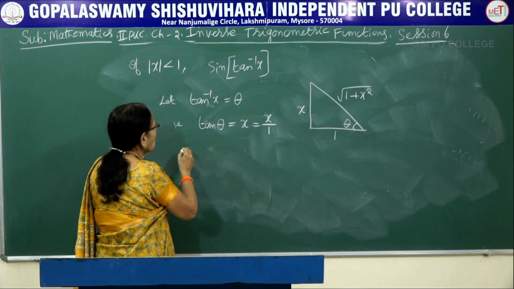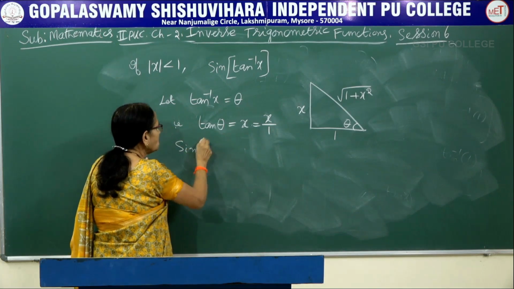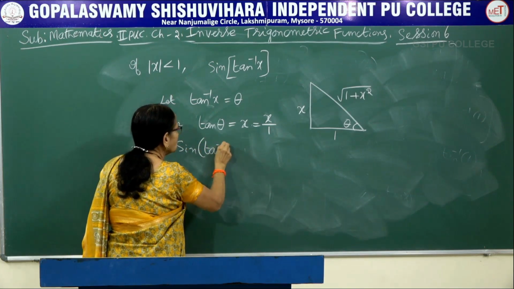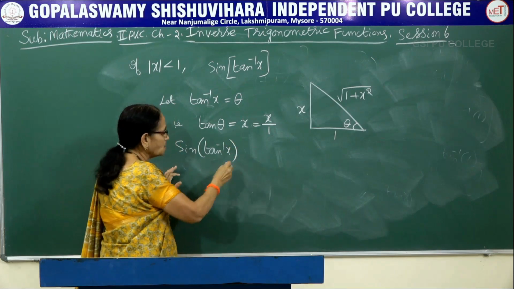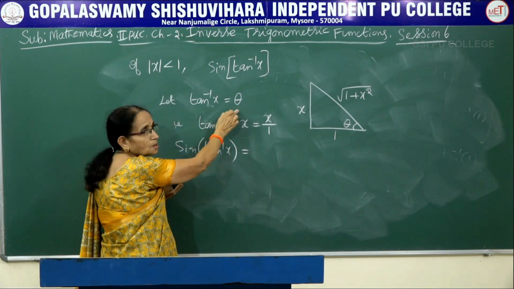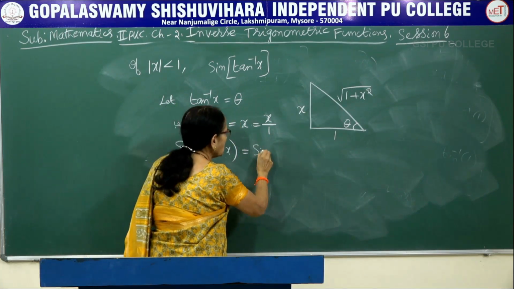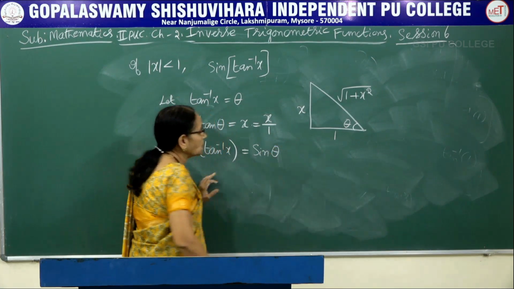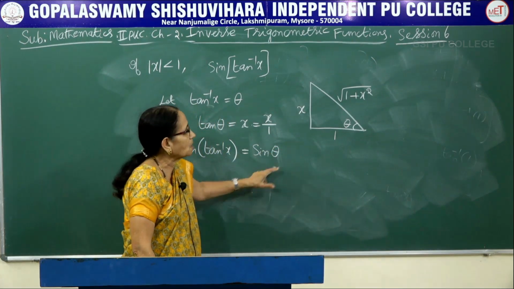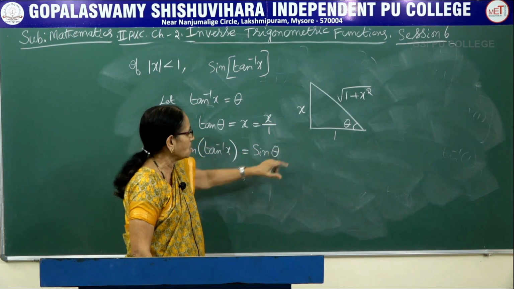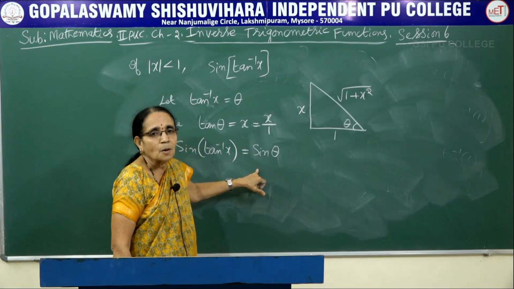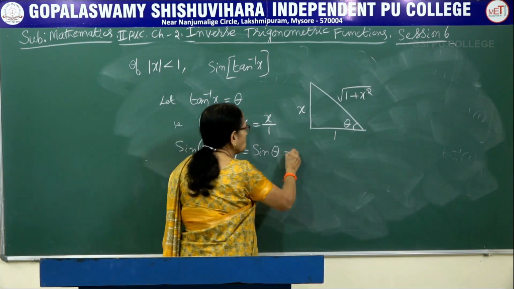Now let us come to the problem. It is sine of tan inverse x. That is what I had considered. Now what is tan inverse x equal to? It is theta. I have made an assumption. So I have to get the value of sine theta. Again refer to the triangle here. How do you define sine theta? Opposite over the hypotenuse.